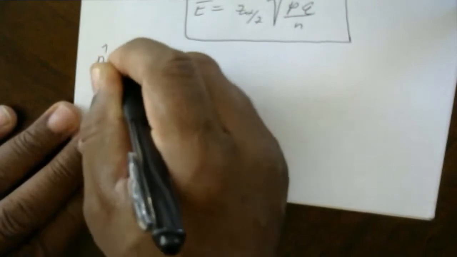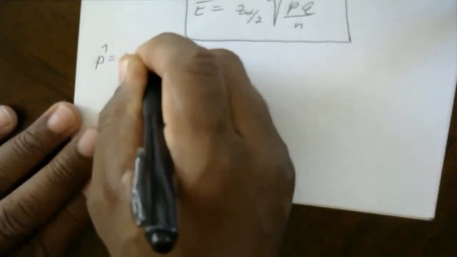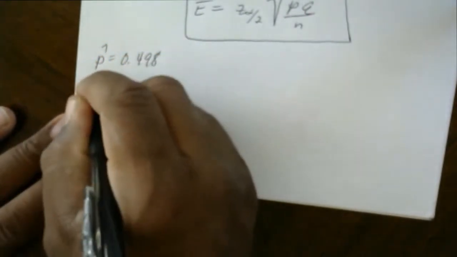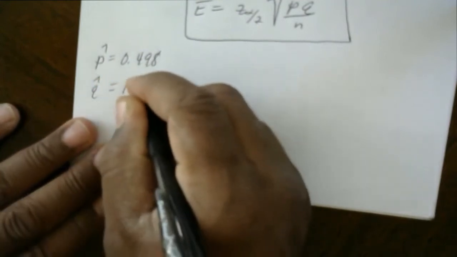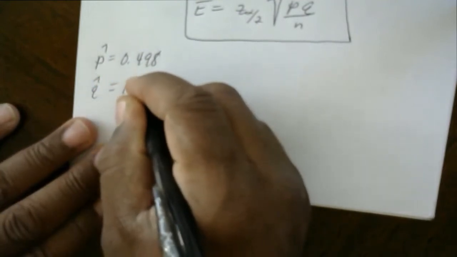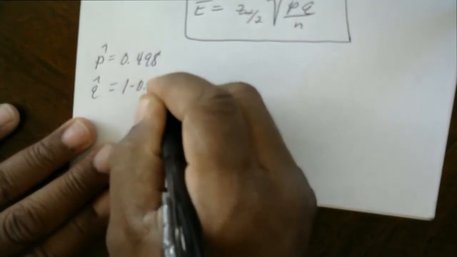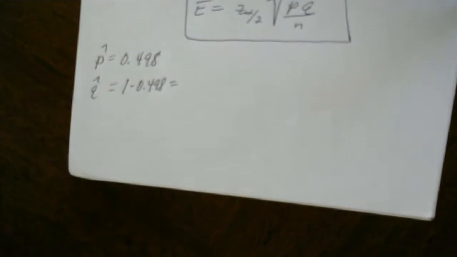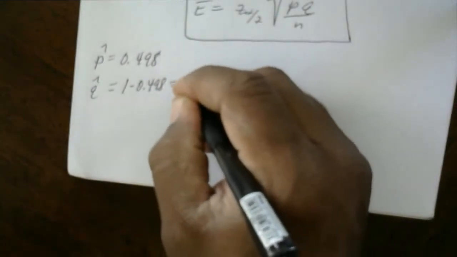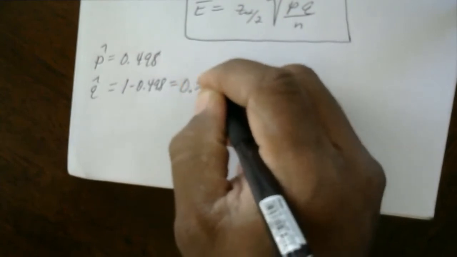P hat is equal to 0.498. Q hat is equal to 1 minus 0.498. So Q hat is 0.502.